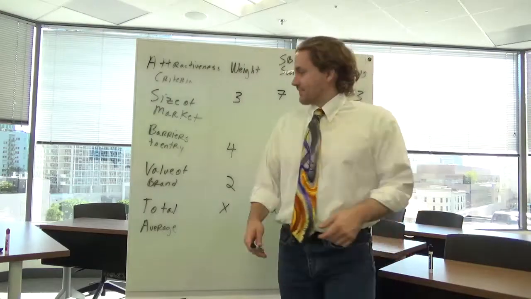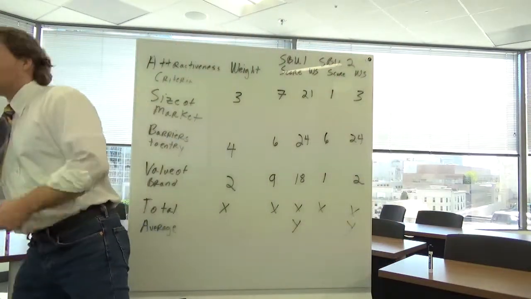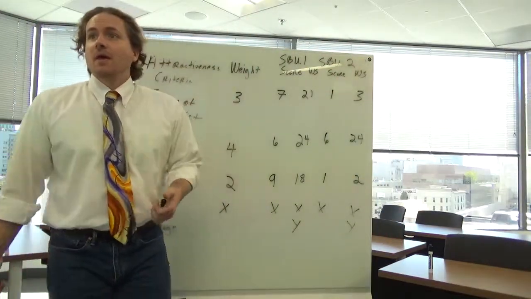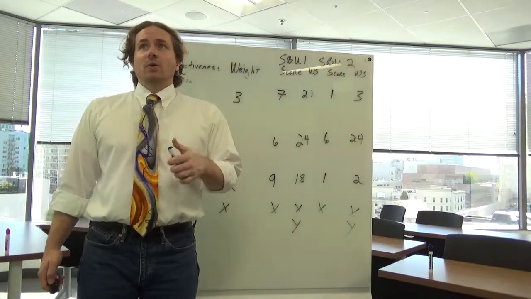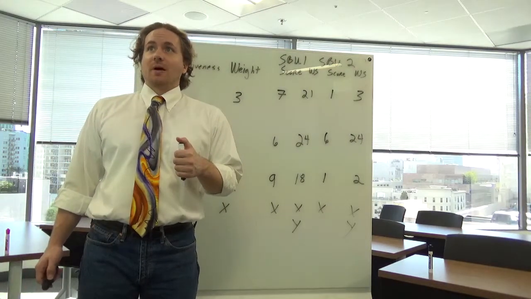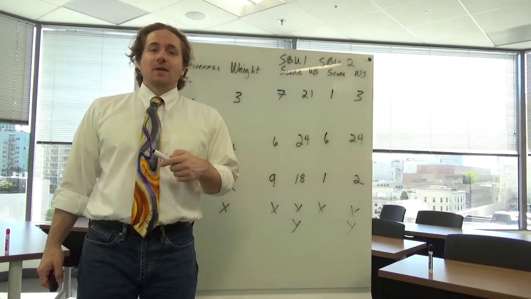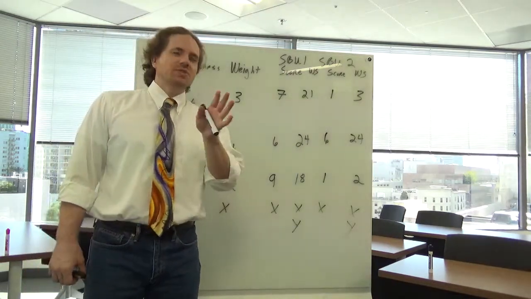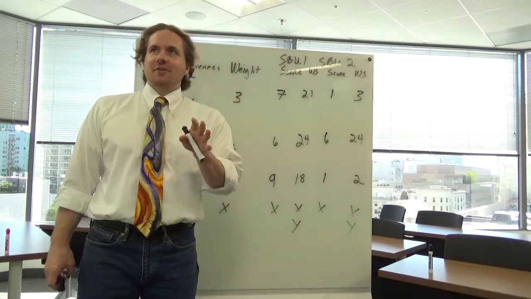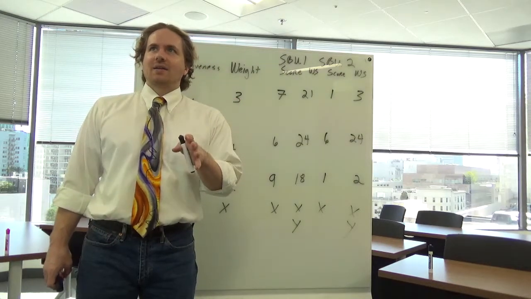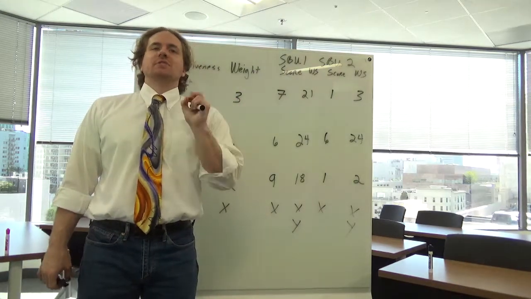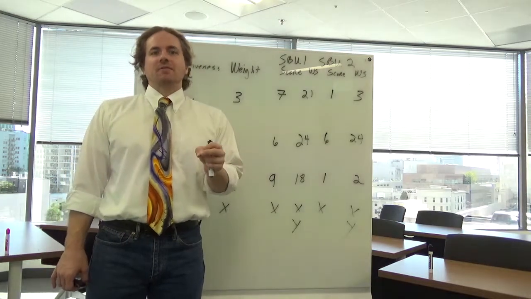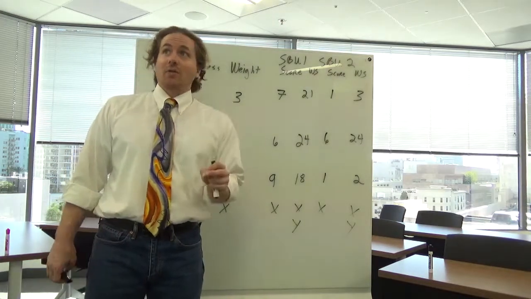Now what we're going to talk about in the next video is the BCG matrix, which answers the same thing, but they're slightly different. Either way, both sets of tools are designed to measure a company's competitive advantage at the corporate level.